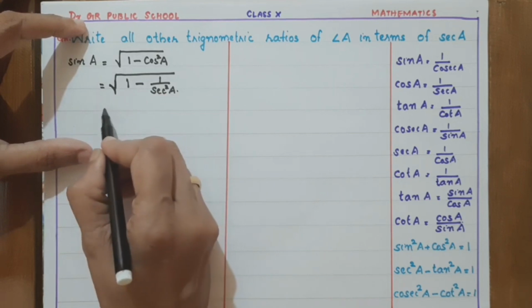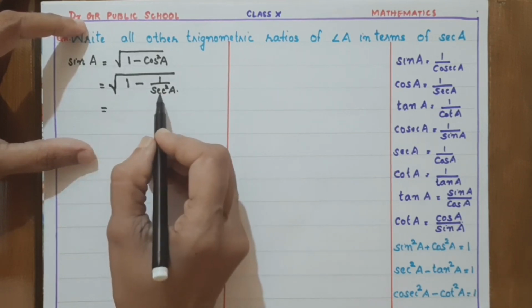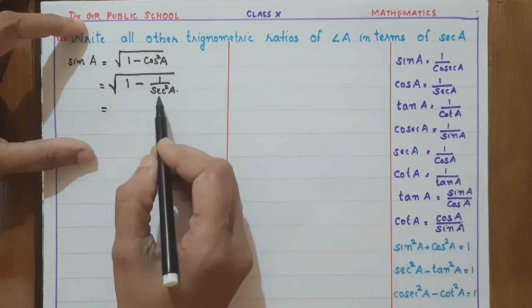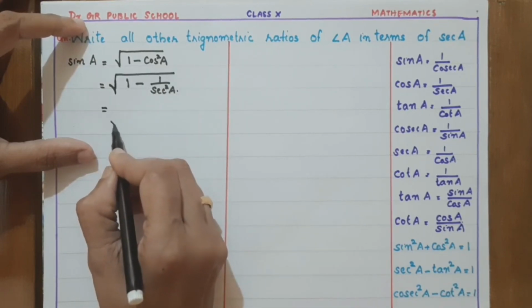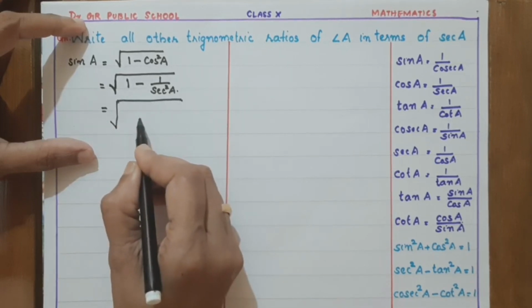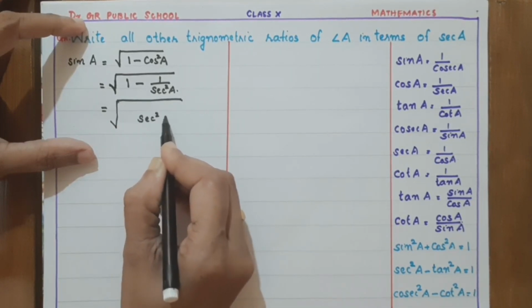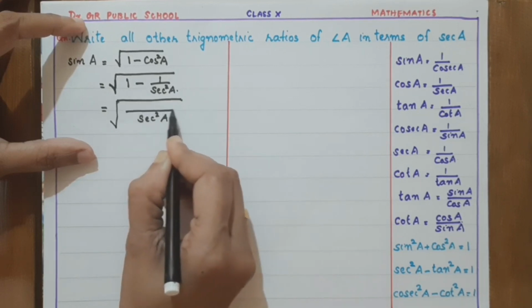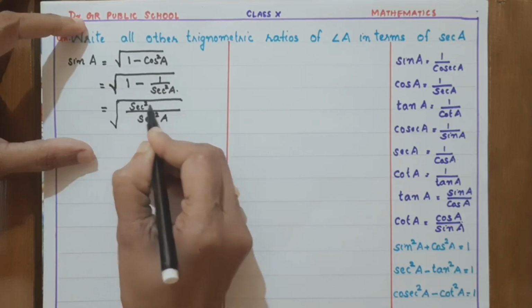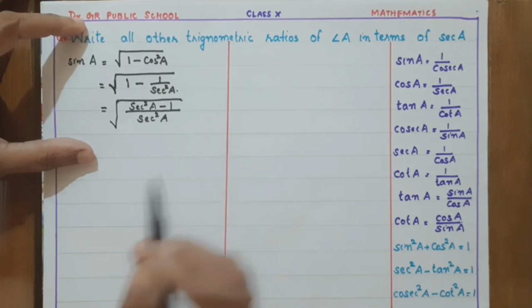Now we can take the LCM. Here 1 by sec square A and here 1. What is the LCM? Sec square A is the LCM. So we can write square root of sec square A as LCM. And what is the denominator? 1 into sec square A. It is sec square A minus 1.